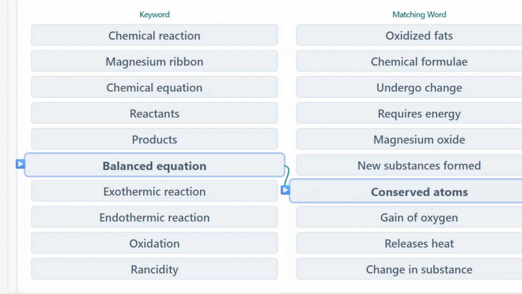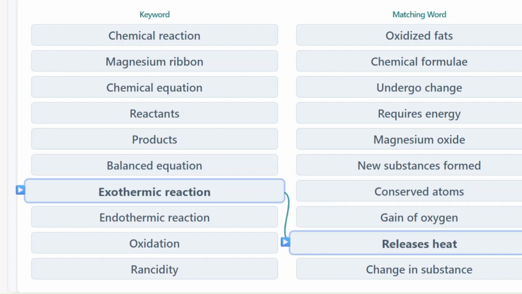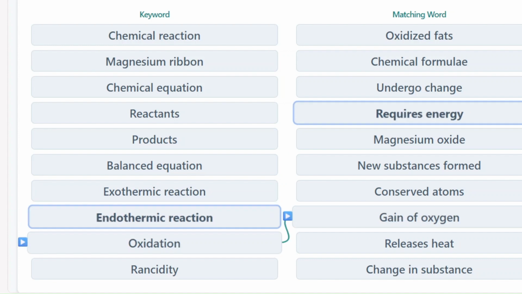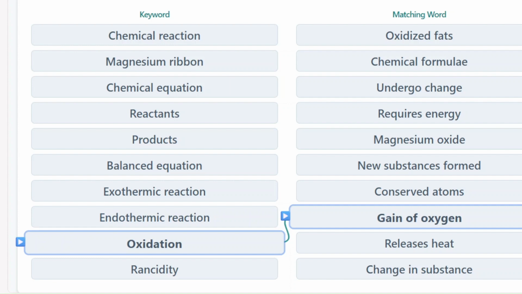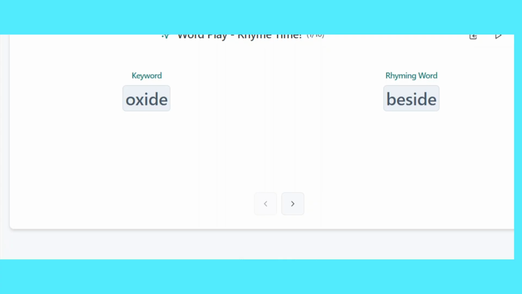Conserved atoms. Exothermic reaction. Releases heat. Endothermic reaction. Requires energy. Oxidation. Gain of oxygen. Rancidity. Oxidized fats.